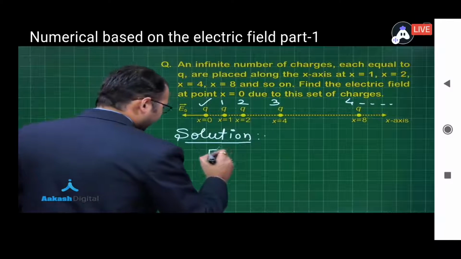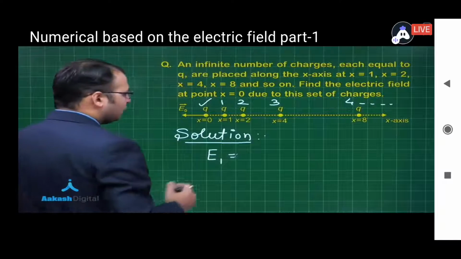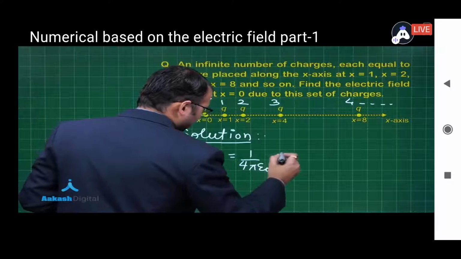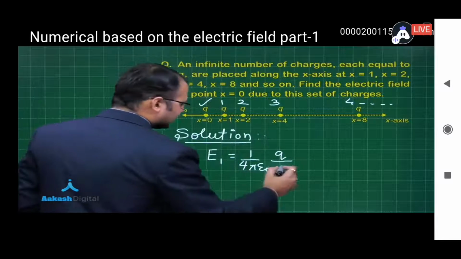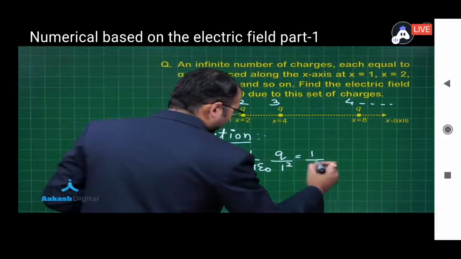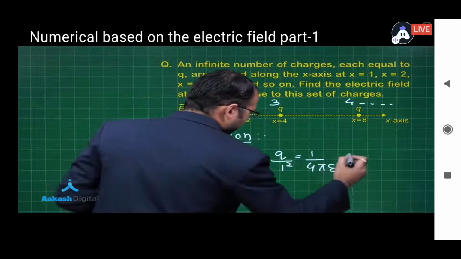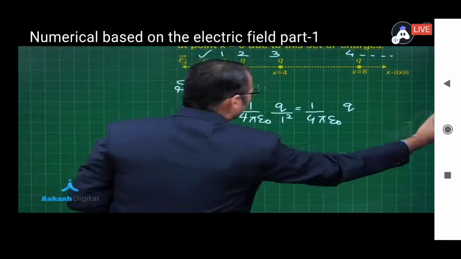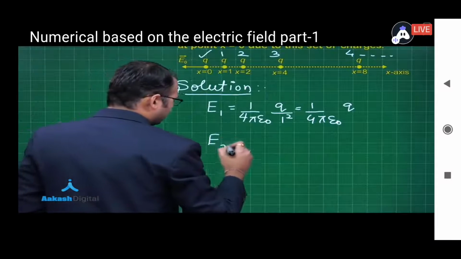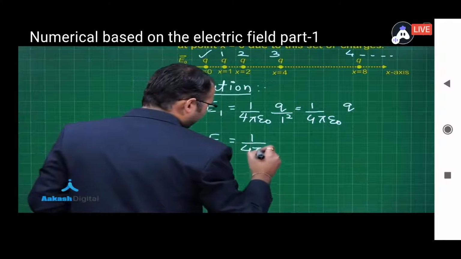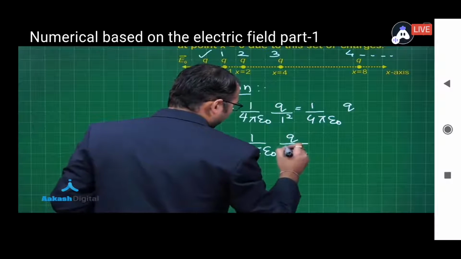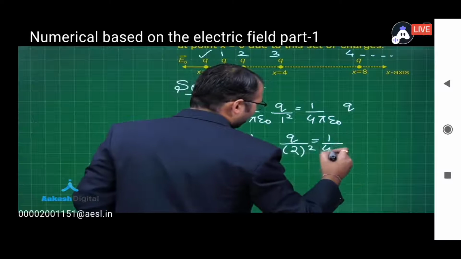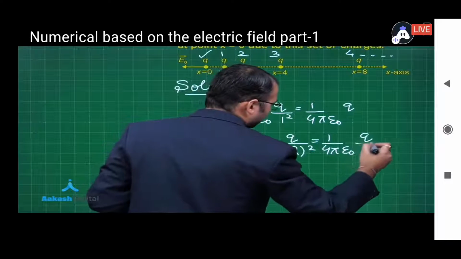Now, what would be the electric field due to the first charge? It would be 1 upon 4 pi epsilon naught, q upon, what is the value of x? That is 1 square, or simply 1 upon 4 pi epsilon naught q. Similarly, E2, the electric field due to the second charge, is 1 upon 4 pi epsilon naught q upon 2 square, or 1 upon 4 pi epsilon naught q upon 4.